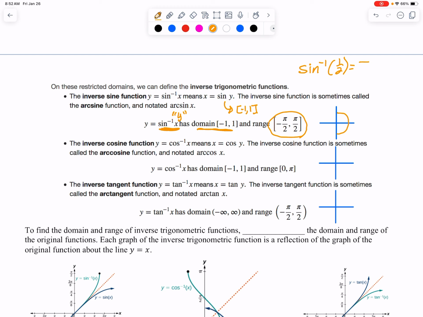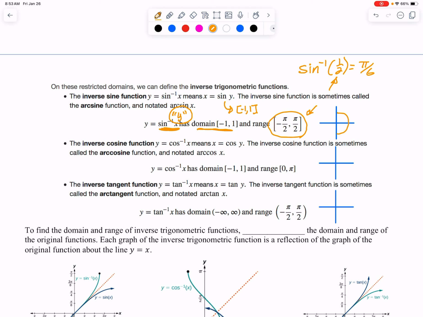The only thing that's going to fit here is pi over 6. So we have restricted it: if I only choose angles between negative pi over 2 and pi over 2, and this is completely based on the idea of y, then I can get one answer for each ratio I plug in. No longer will we have that issue.